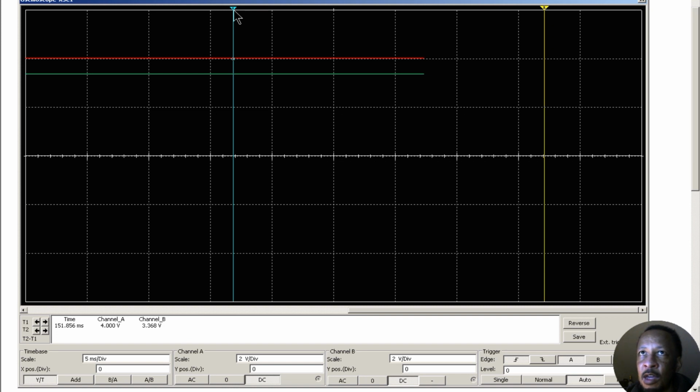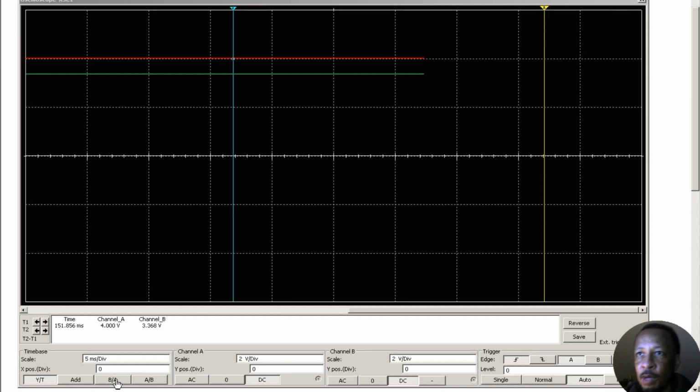We expect to see that because of our voltage drop across our diode when it's fully on, and the difference between 4 and 3.368 is 0.632, and that's what it takes to turn on that diode. Okay.